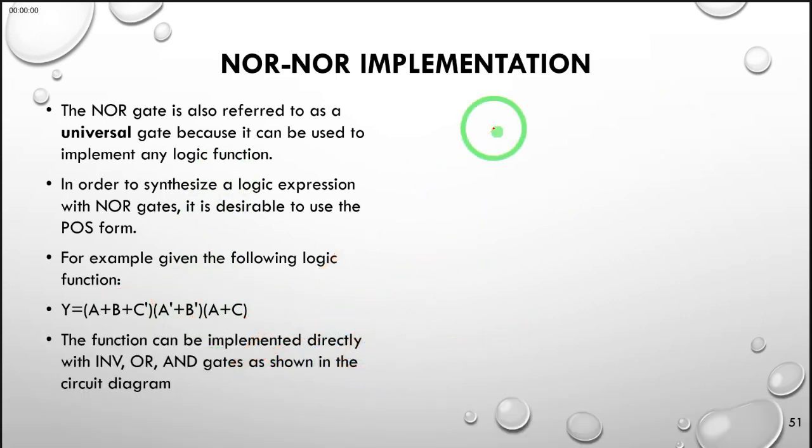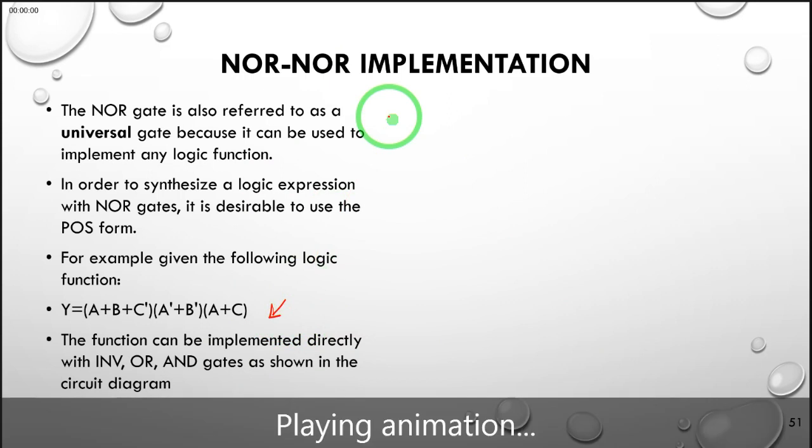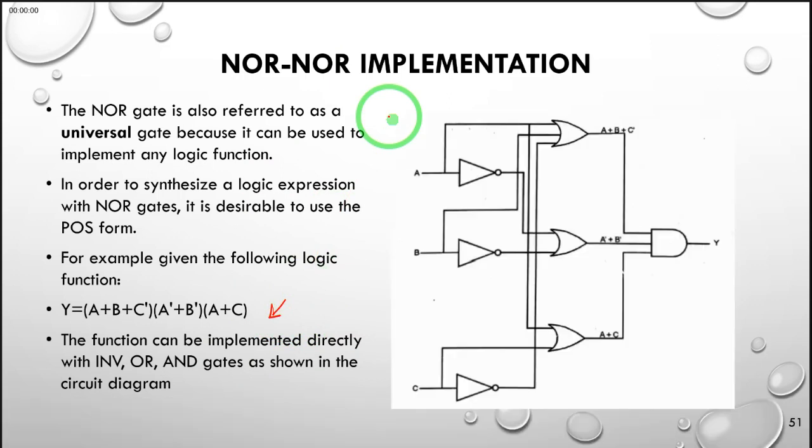So first and foremost, we want to represent this function using the invert, OR, and AND gates, and this is the one that is represented by this diagram. But now we are saying we want to have the NOR equivalent of this circuit. And as I have shown, all we need to do is to introduce double bars, then we apply De Morgan's theorem, break the first bar up to this point so that we have a plus there, and a plus there, and a plus there, and then another one.